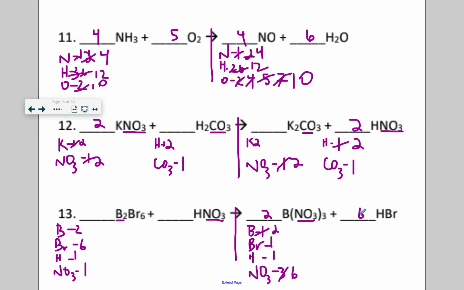Well, if I put a 6 here, now I have 6 BRs and 6 hydrogens. Come back over here, got 1. So if I put a 6, you ask yourself what coefficient can get you to 6. So I have 6 hydrogens and 6 NO3s. 2, 6, 6, 6. Nice.